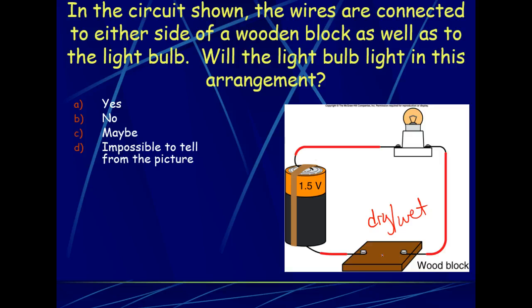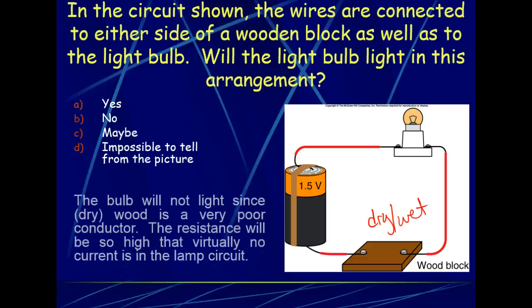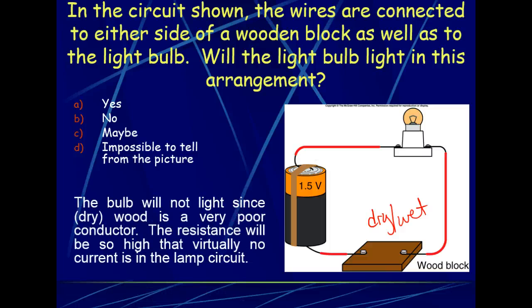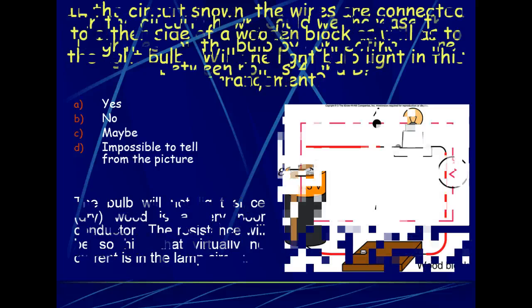It's more of an insulator. If that wood is wet, it is an excellent conductor because of that water. So if the wood is dry, the light bulb does not light up. If the wood is wet, the light bulb would light up.